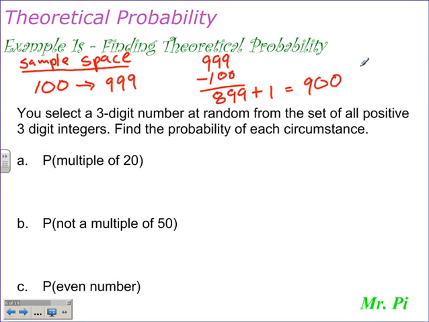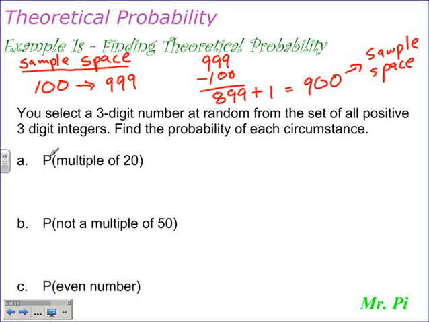Our sample space is 900. And we found that by taking the larger number, subtracting away the smaller number, and that gave us the difference. Then we add 1 to get our actual sample space. So our denominator in each one of the following examples is going to be 900.